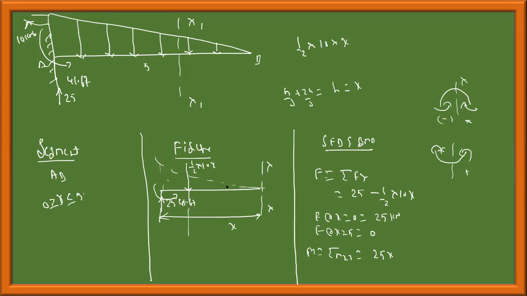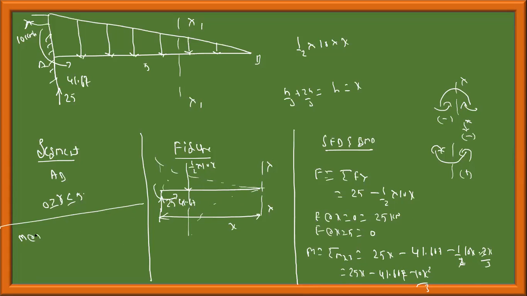This moment at the section is acting counterclockwise, so this is negative. Therefore, minus 41.667. This is bending the beam like this, which is negative. Then minus half into 10x, the magnitude, into 2x by 3, which is equal to 25x minus 41.667, 2 cancels, minus 10x square by 3. Write it here.